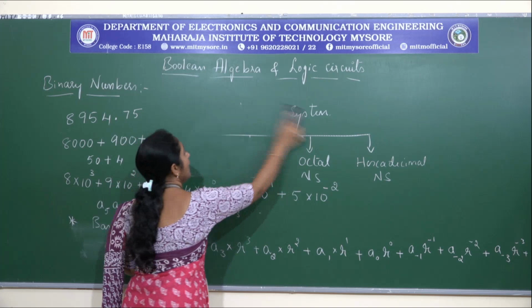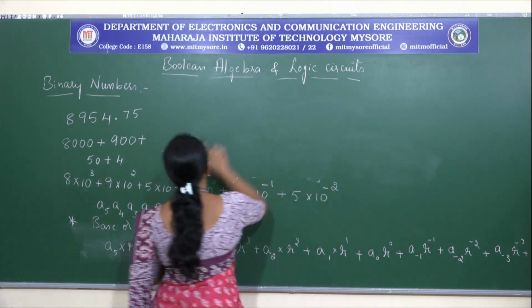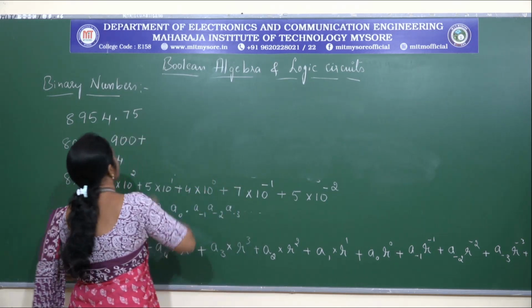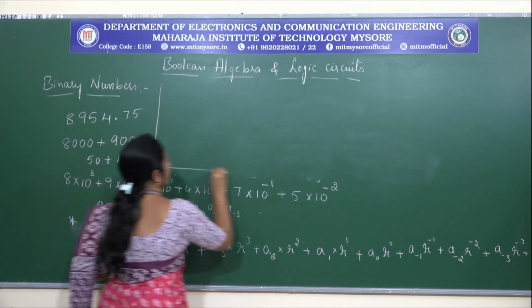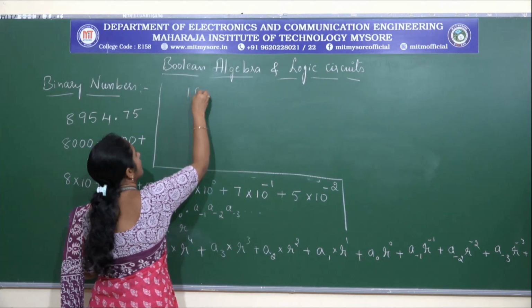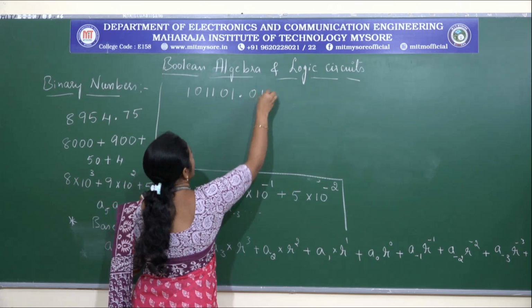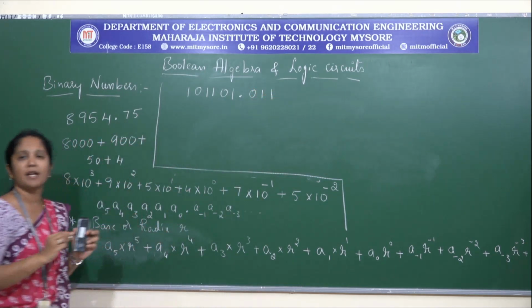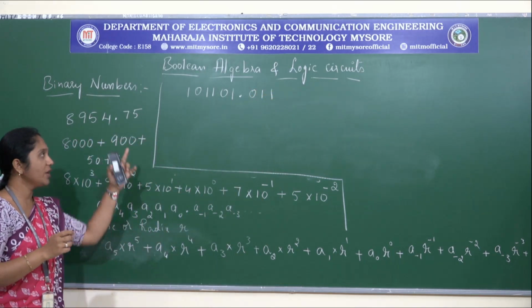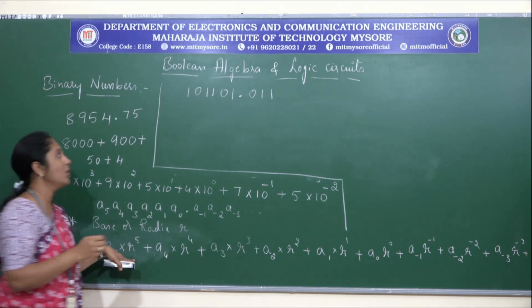As an example, I will consider a binary string. Let me consider 101101.011. Let us consider this binary number and see how to represent it in the expanded format using the generalized equation.